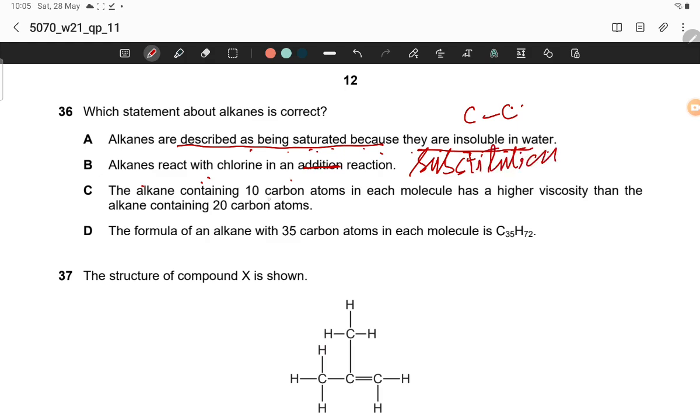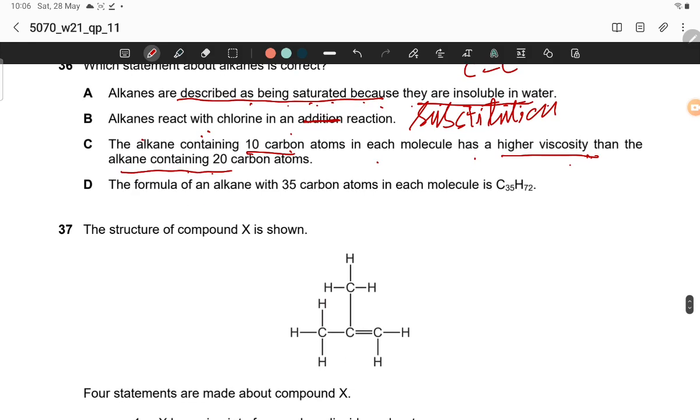The alkane containing 10 carbon atoms in each molecule has a higher viscosity than the alkane containing 20 carbon atoms. So it is also incorrect. The 10 carbon alkane is less viscous than the compound containing 20 carbon atoms.